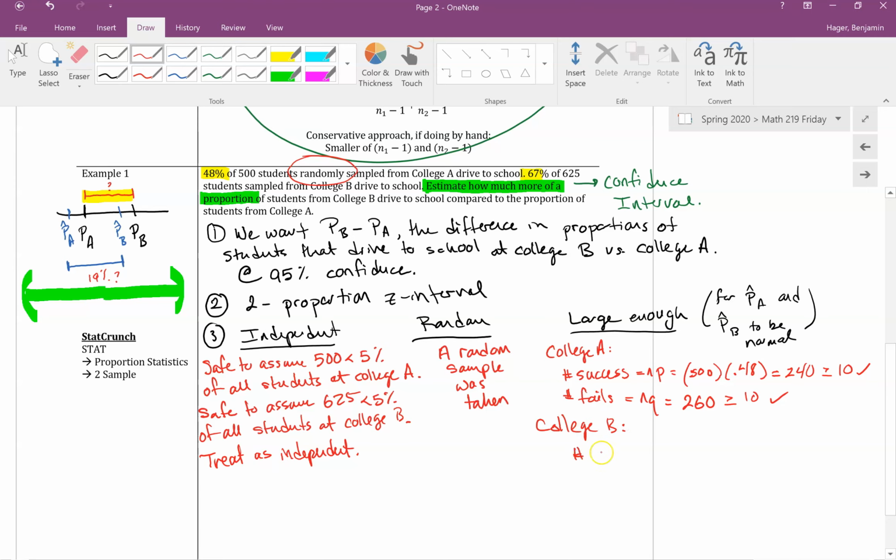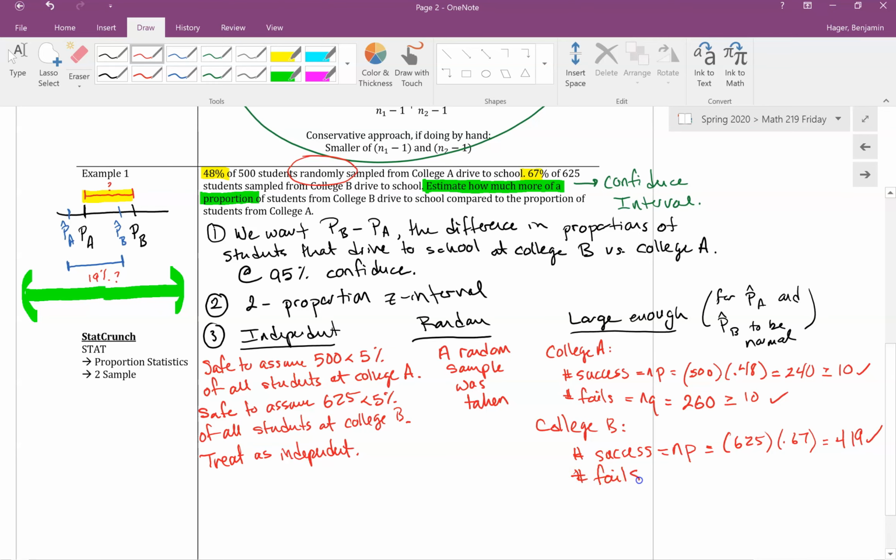Same deal for college B. Number of successes, which is n times p. For college B, we sampled 625 and 0.67 drove to school. So that's 418.75, so let's just say 419. Definitely over 10.